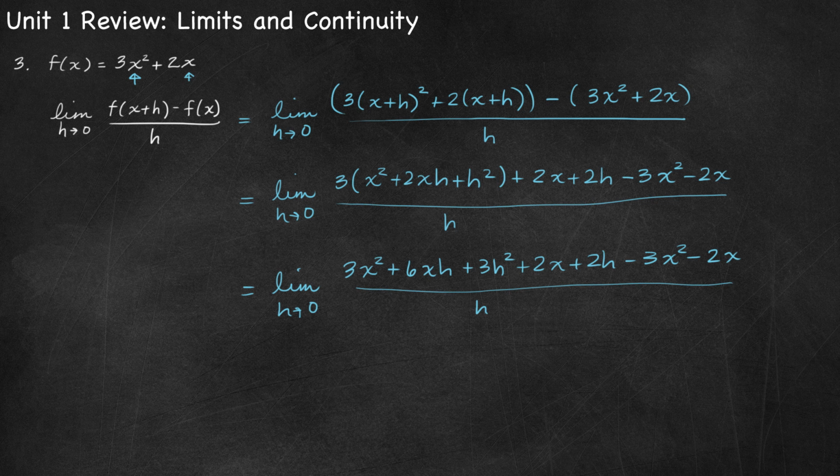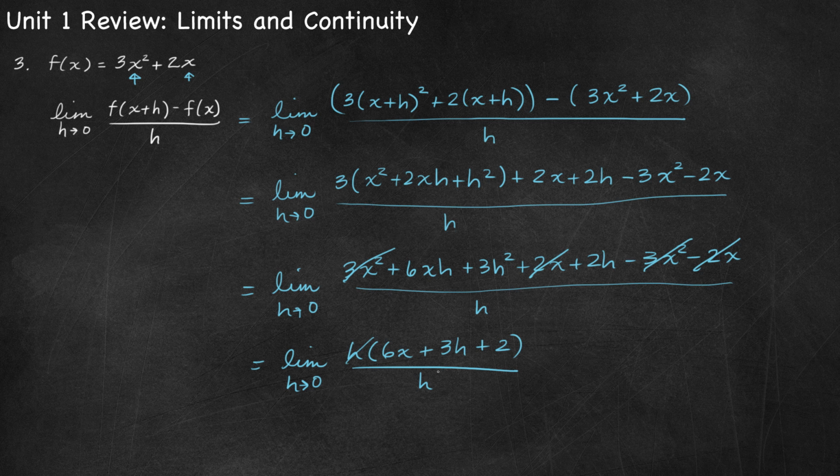So we can eliminate our 3x squared minus 3x squared. That goes to 0. And then we have 2x minus 2x. That is also 0. From the terms that are left, I can factor out an h in the numerator, leaving me with 6x plus 3h plus 2, and still an h in the denominator.